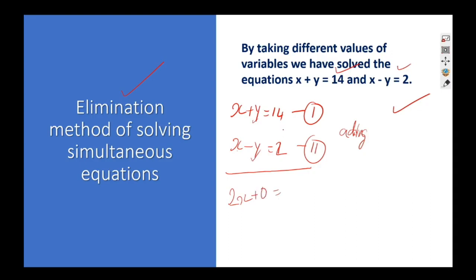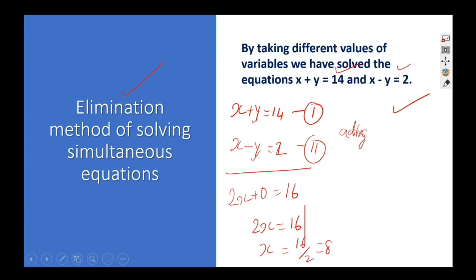And we know that 14 plus 2 is equal to 16. In that case 2x is equal to 16, x is equal to 16 upon 2, which is equal to 8. We got x is equal to 8.